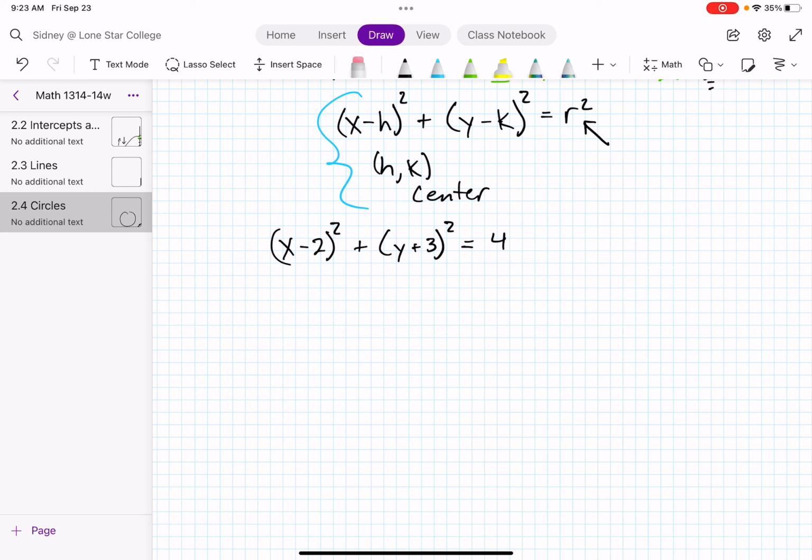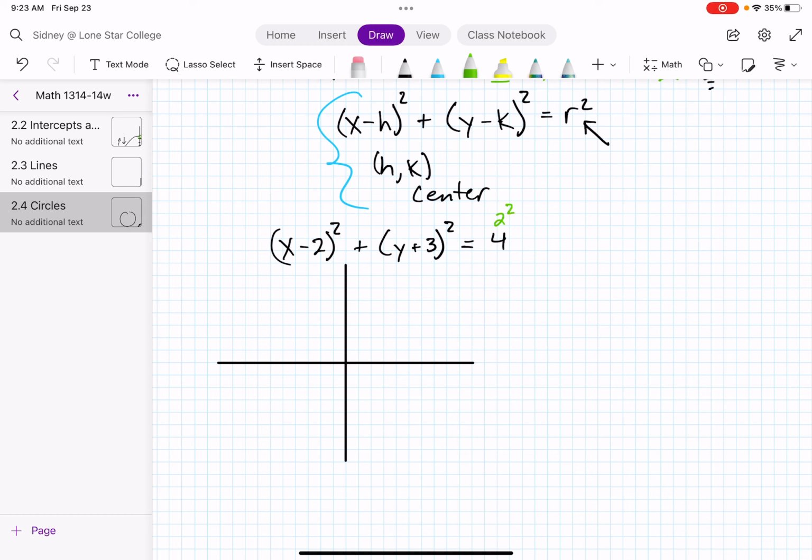And so we're going to sketch this out right quick and talk about what that means. Now, one thing to note, I wrote equals 4 here, but you need to know that 4 is 2 squared.